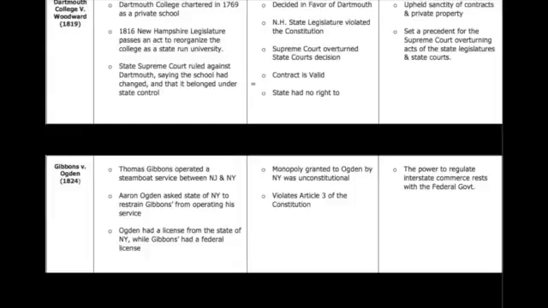The one that has the state license, Ogden, asked the state of New York to basically restrain Gibbons from operating his ferryboat service. The only reason this guy wanted this to happen is so that he would take out his competition. But because Gibbons had a federal license, it automatically trumps any state license that was issued by the state of New York.